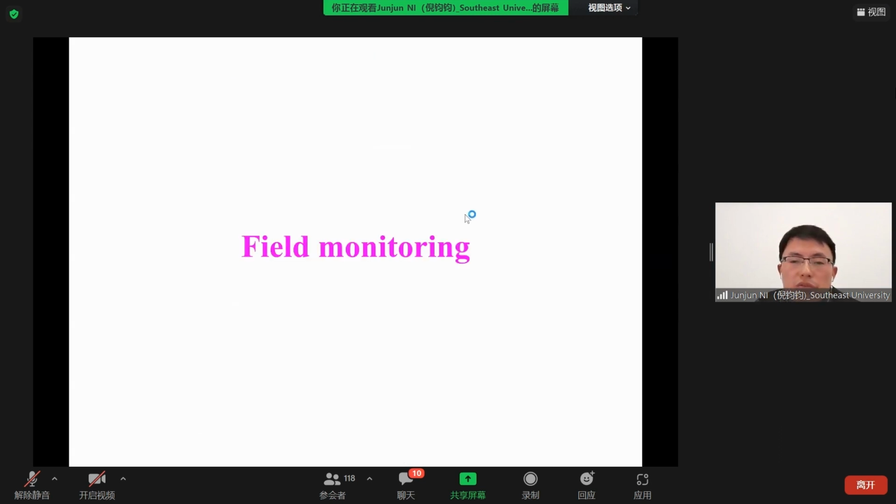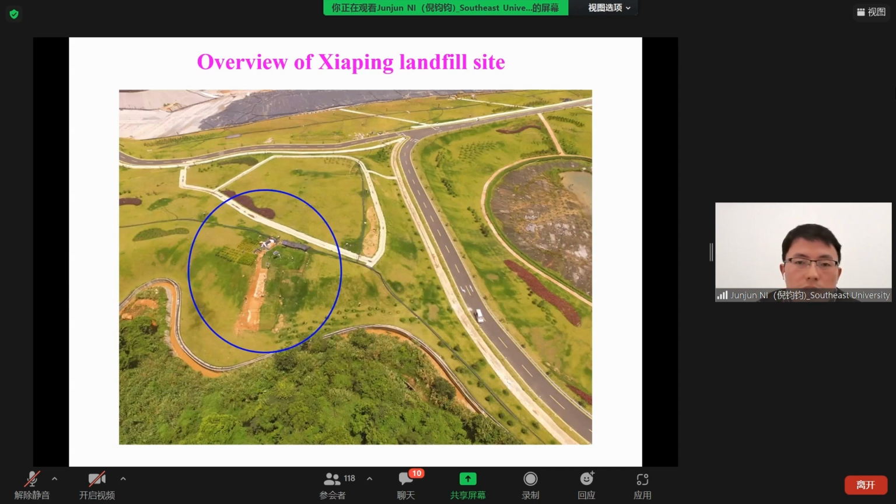Then we go to the field monitoring in the landfill site, actually located in the Shenzhen Luohu district. Yesterday my PhD supervisor, Professor Charles Ng, also presented this slide, but his focus is on the recycled concrete. My focus is on the surface vegetation part.